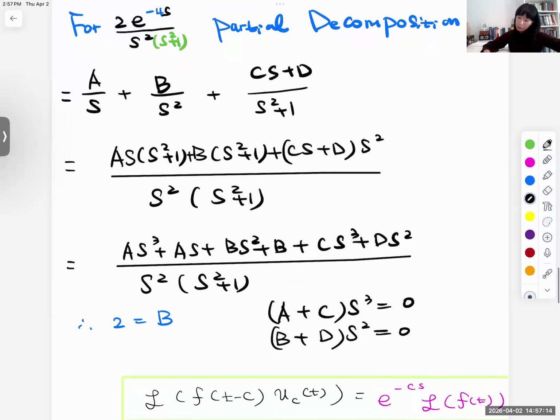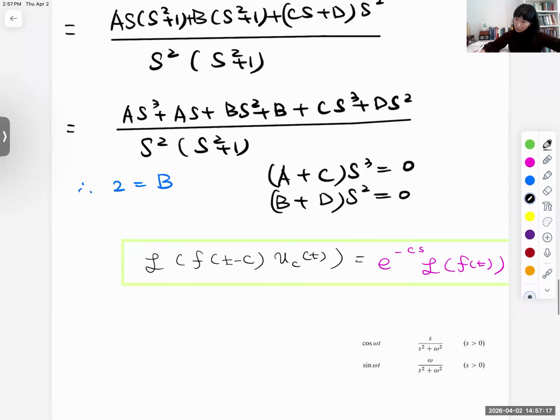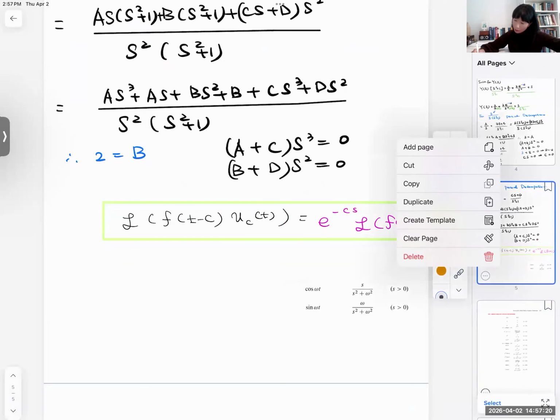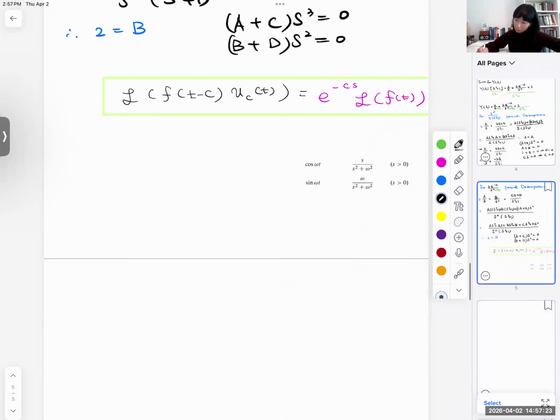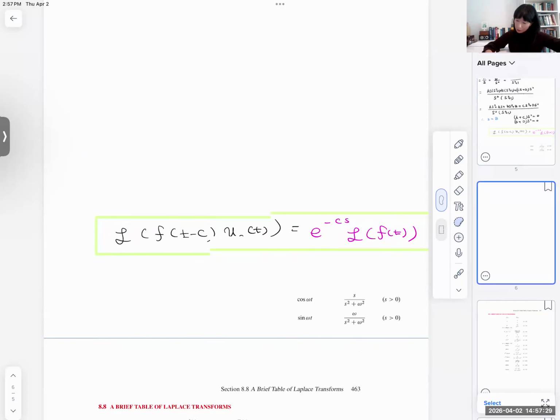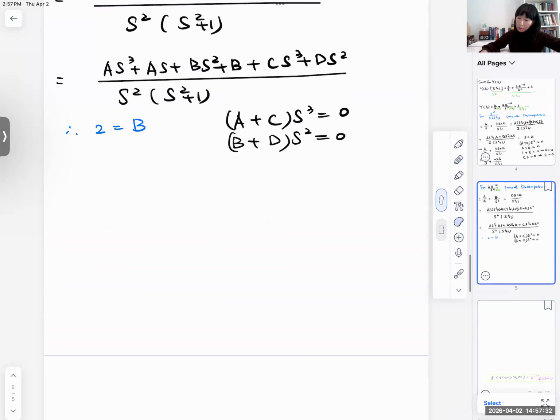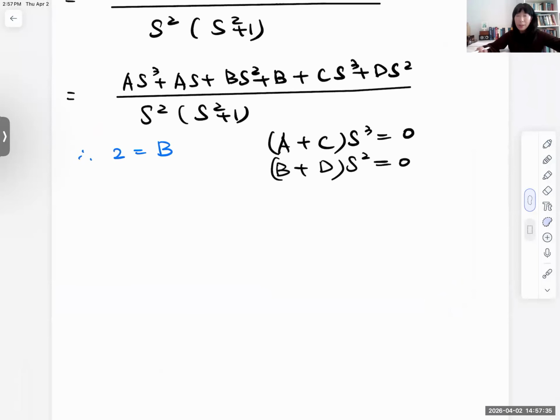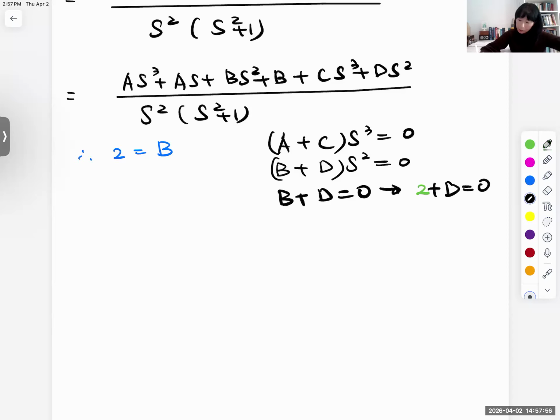So that means, okay, let me move this one together. Almost done. Okay, now we set the b equal to 2, then d will be negative 2, right? So b plus d equal to 0. 2 plus d equal to 0.